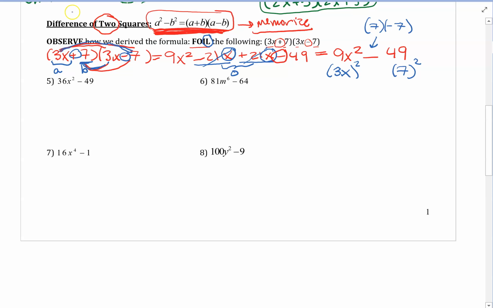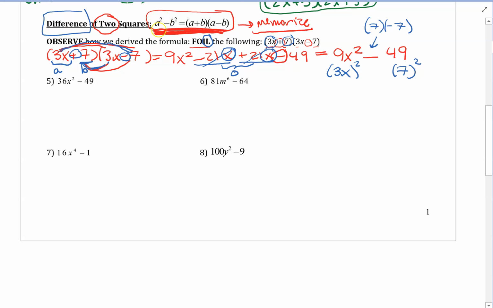So that's why we call it a difference, right? Difference means I'm subtracting. What am I subtracting? 2 perfect squares. What were they the perfect squares of? They were the perfect squares of 3 and 7, the first and second term from the binomial. So that's what a and b are talking about here.